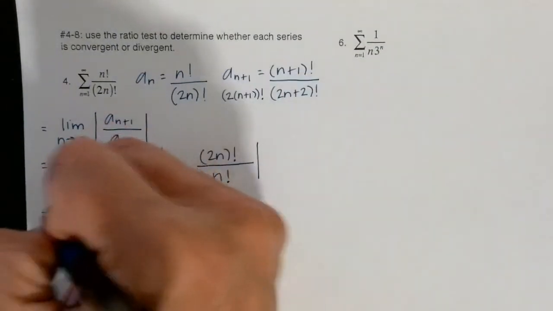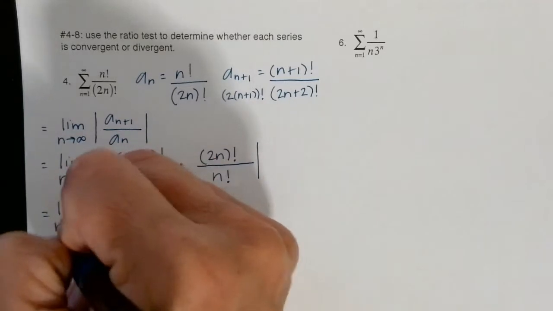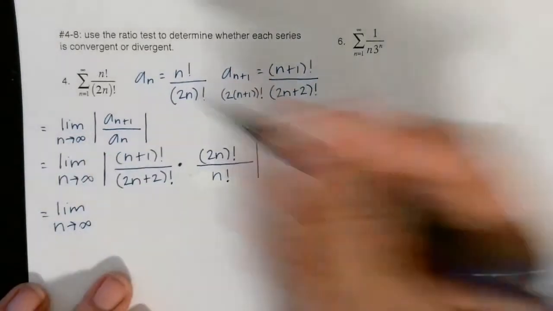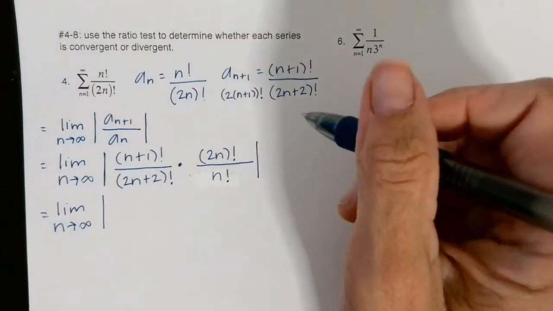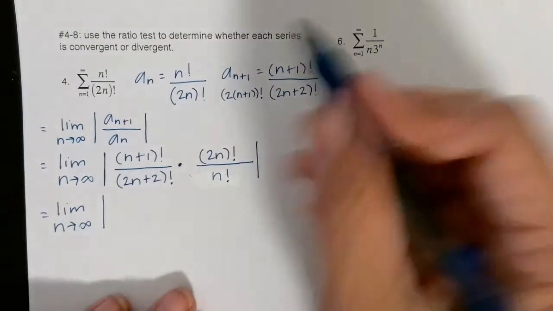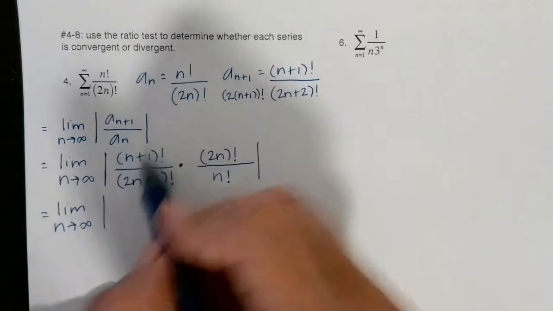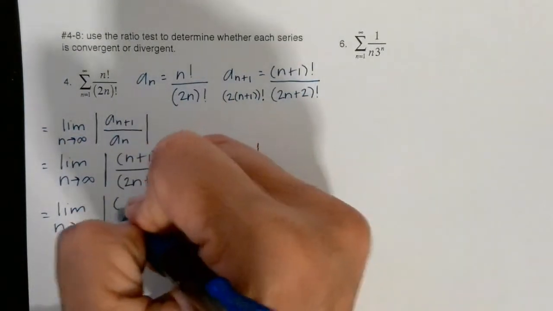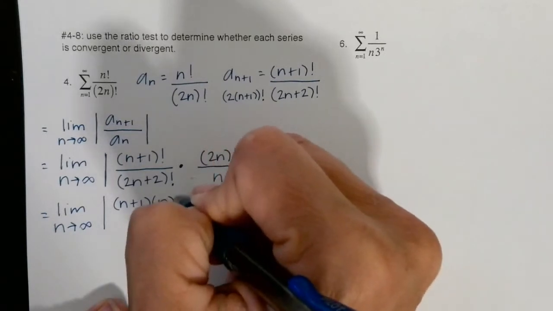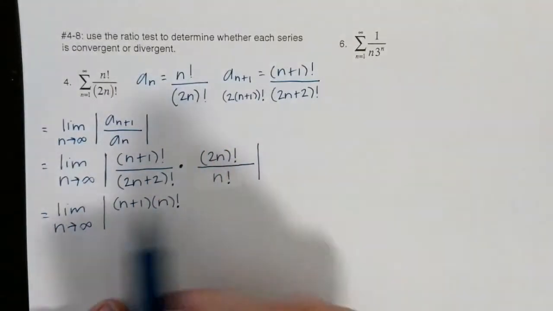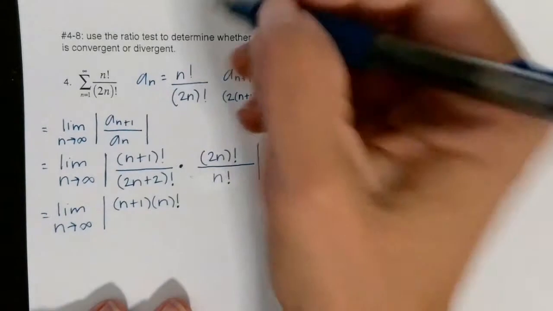Okay, so next we're going to simplify within the absolute values. They're a type of grouping symbol, but they're also a math operation. So what we need to do here is simplify this so that it'll cancel with this. So n plus 1 times n factorial. The idea behind this, I'm going to use a number.